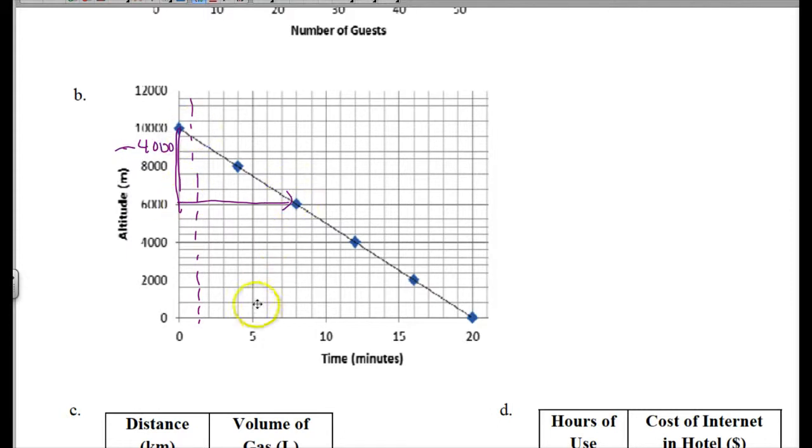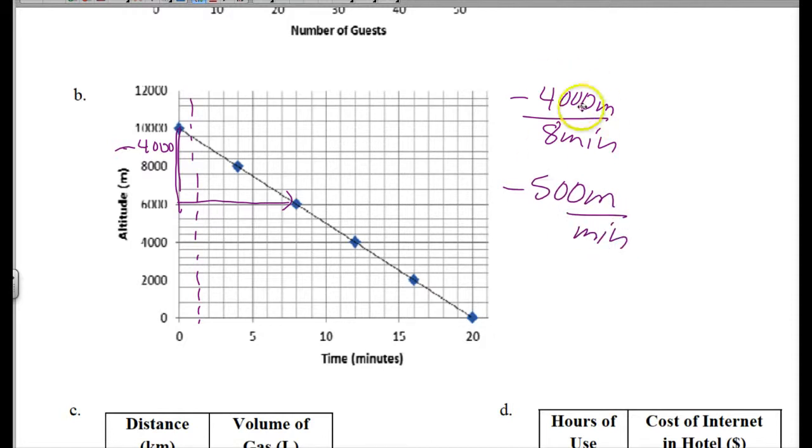And we do that in 8 minutes. So down 4,000 meters in 8 minutes, which will be minus 500 meters per minute. If we divide that out, we're going down 500 meters per minute.